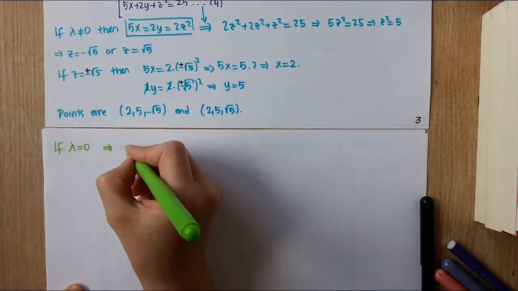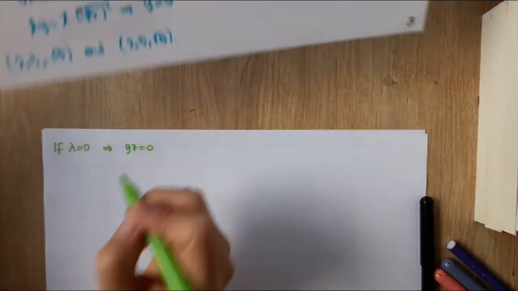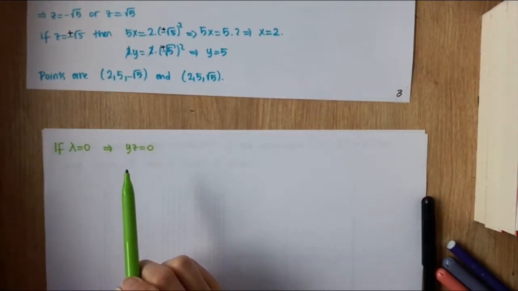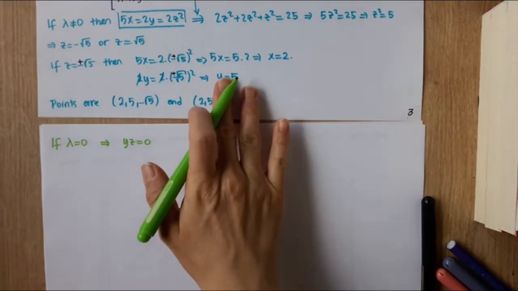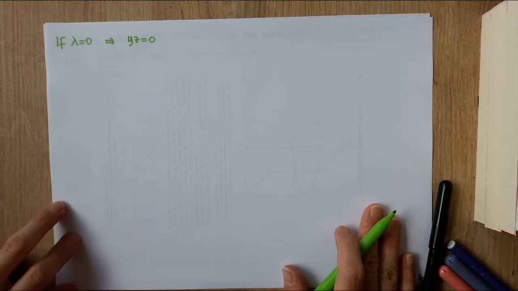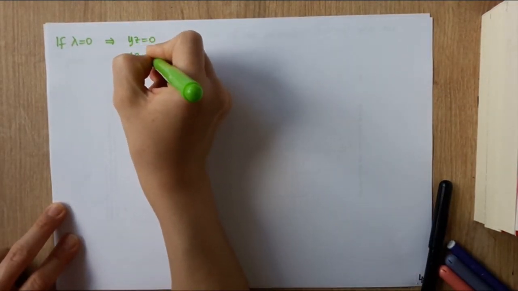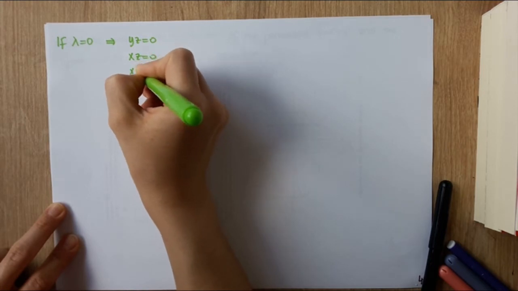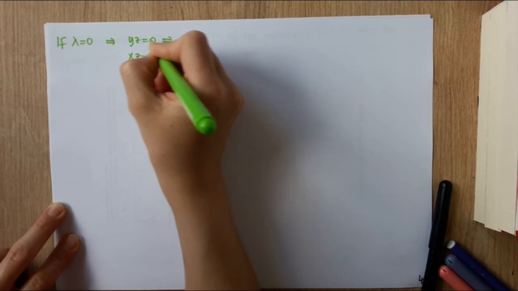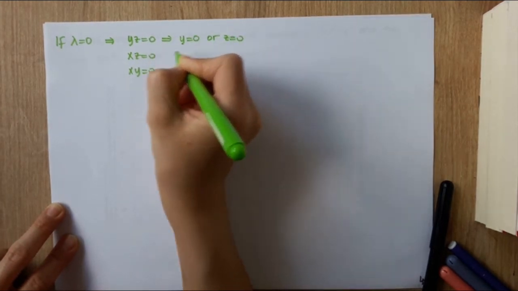yz is 0, right? Lambda is 0, yz is 0, xz is 0, xy is 0. Okay. If yz is 0, y equals 0 or z equals 0, right?